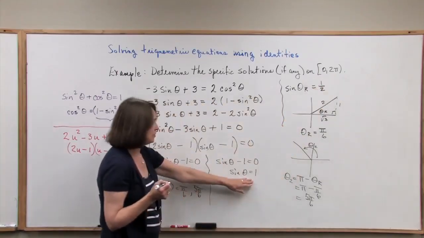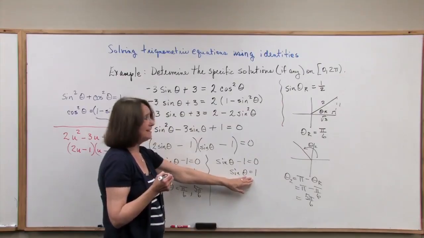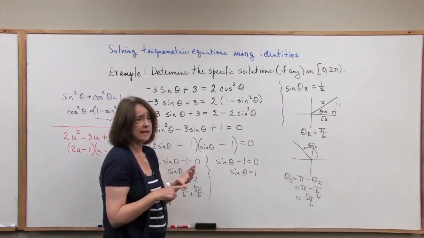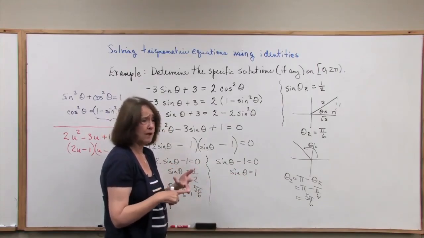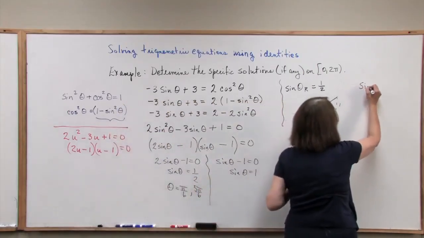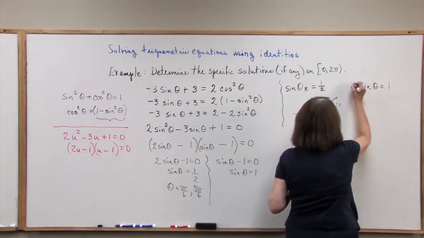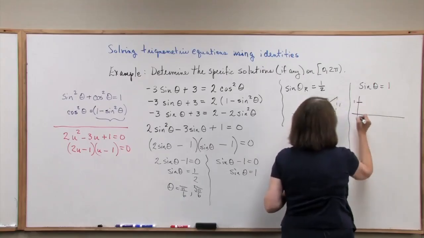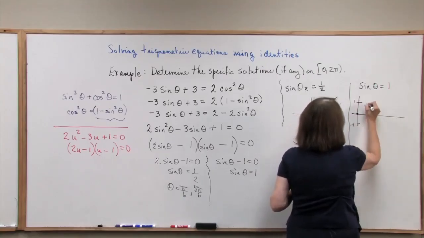Now we'll go to this part. Sine theta equals positive 1. We don't have a reference angle of pi over 3, pi over 4, or pi over 6 for the sine of theta equals 1. What we need there is the graph of our sine function.